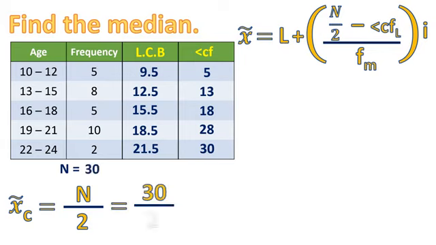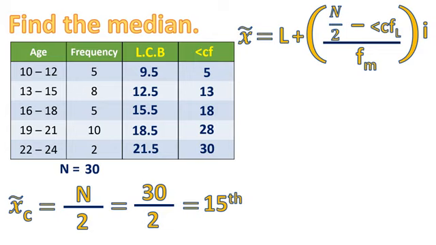So half of 30 is equal to 15. But this is not yet the median, it's the median class, meaning it's the position. So we'll put the position symbol, which is th, which means it's 15th. So the median class is located in the 15th position. Now we're gonna look at the less than cumulative frequency, and we're gonna find 15.